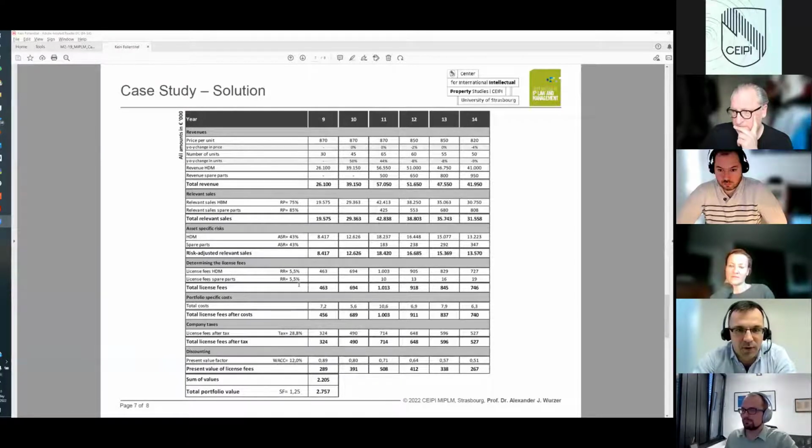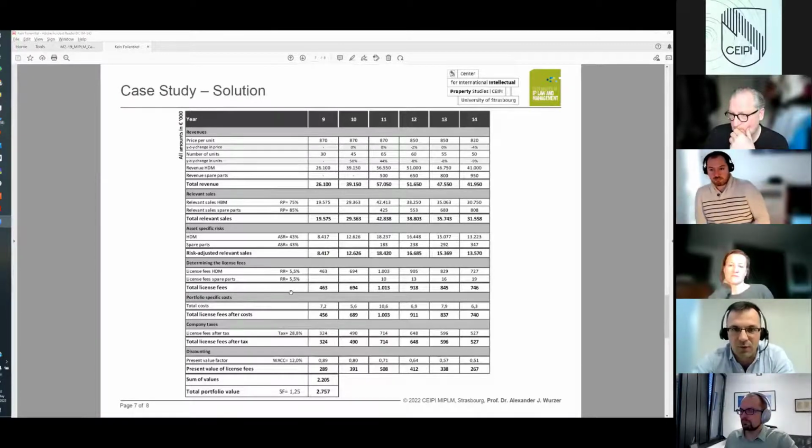It's a 5.5 royalty rate for each of the years, and there you can see the end number. The total actual license fee ranges from 463 for the 9th year to 700,046 for the final 14th.